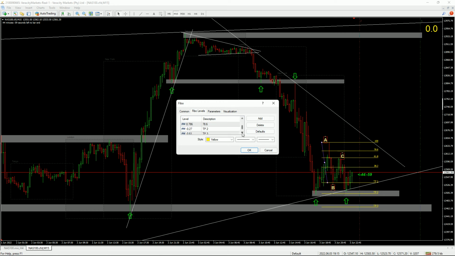Then TP2 is negative 0.27, and negative 0.61 is TP3, guys. I hope we are all clear.